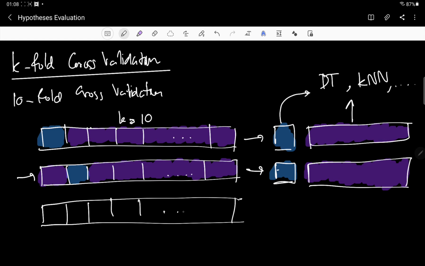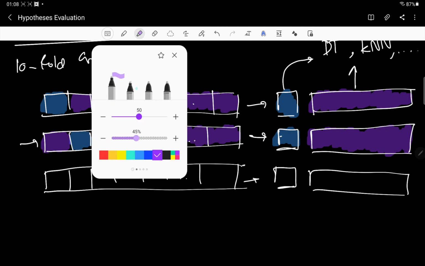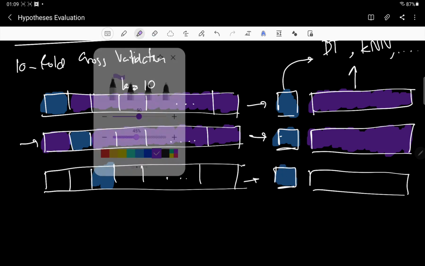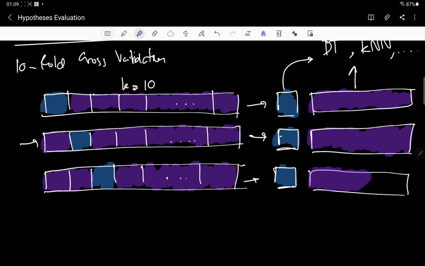How about the next one? For the third one, we use the third fold as the test, and the remaining will be the training. So we do it 10 times, or sorry, k times.